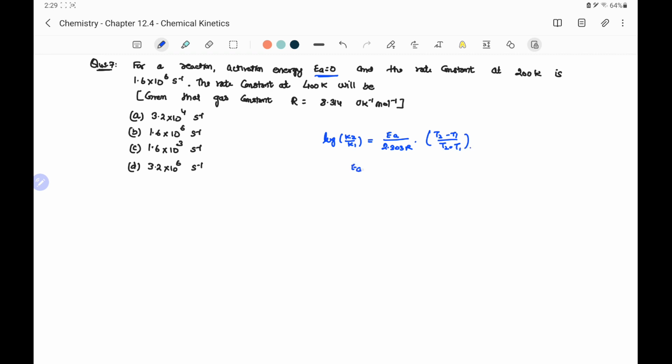It is given that activation energy is 0. So log, which is base 10, K2 by K1 will be 0. Or we can write K2 by K1 equal to 10 raised to the power 0, and it will be 1. Hence, K2 will be equal to K1, that is equal to 1.6 into 10 power 6 per second. Hence, option B is the correct option.